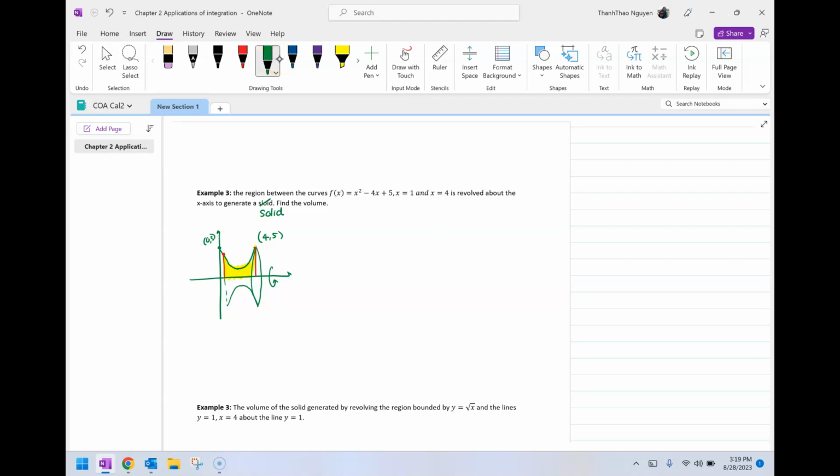Then the radius of the cross section is f of x. So the volume of the solid is the integral from 1 to 4 of pi r squared, that is f of x, that is x squared minus 4x plus 5 squared dx.